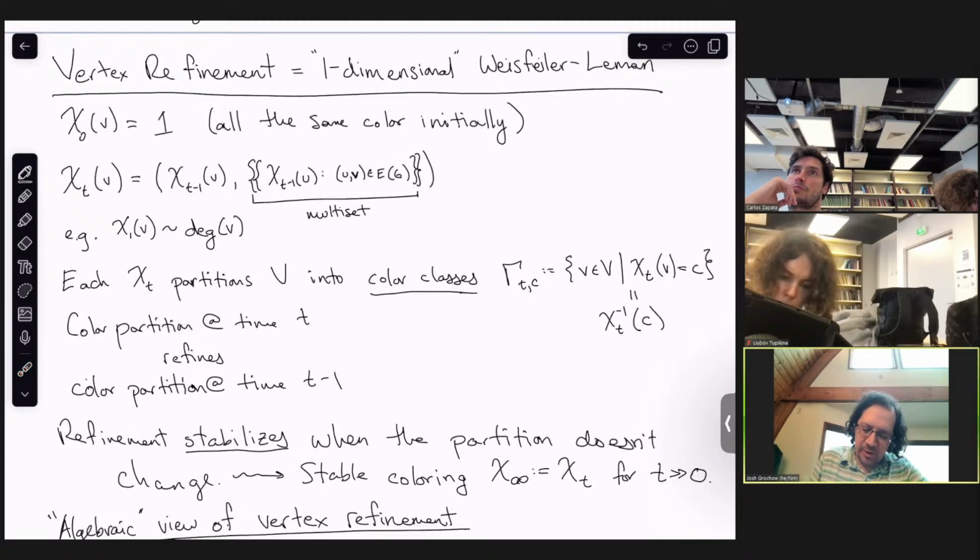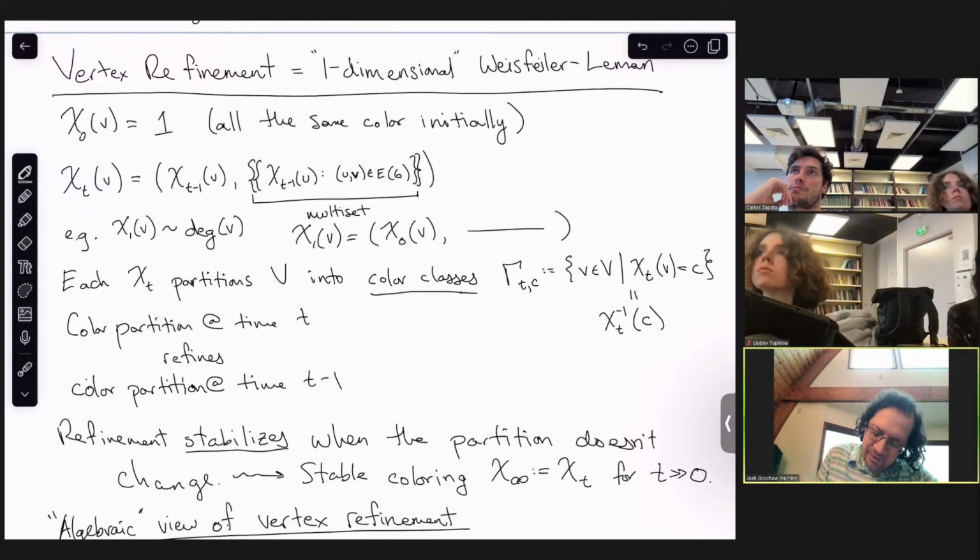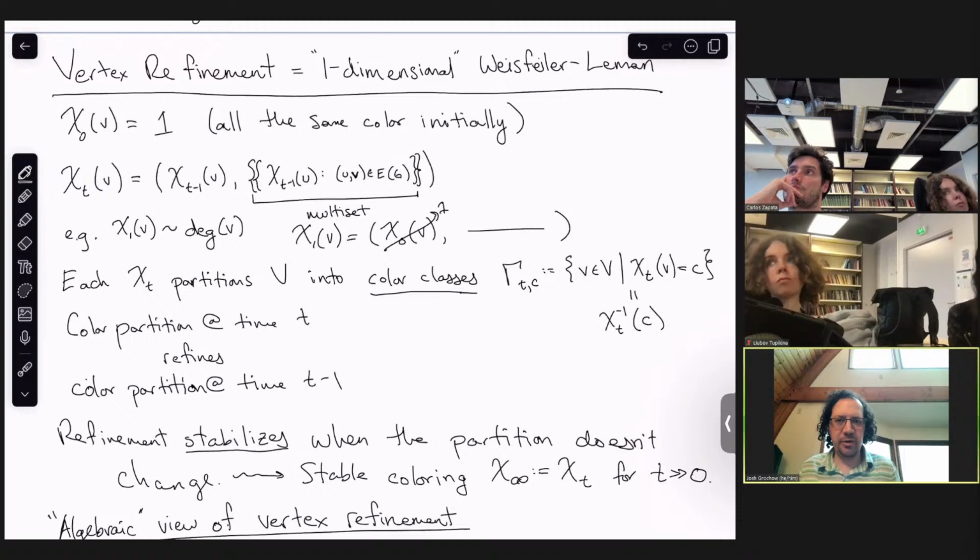After one step, let's look at what chi1 looks like. This is chi0 of v, which is just 1, and then the multiset of its neighbors' colors. All of its neighbors currently have color 1, so this multiset is just telling you how many neighbors it has.